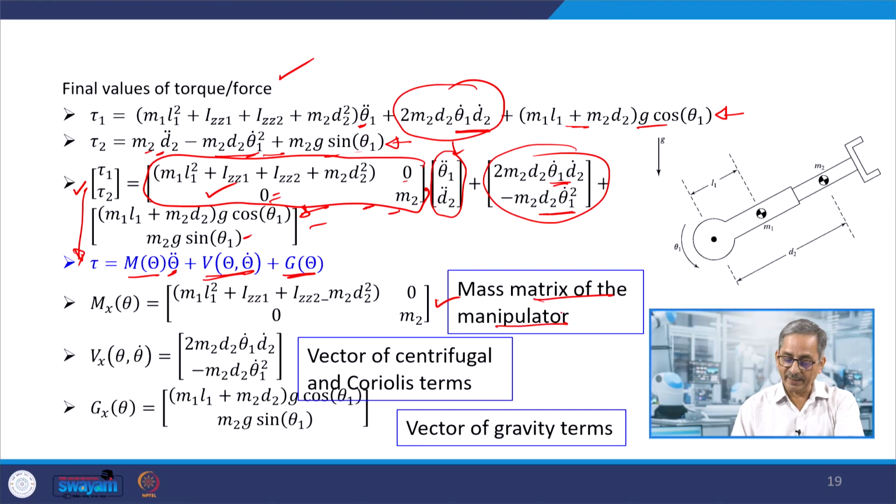I am going to talk about all these in more detail in my next lecture, where I will discuss the state space form of the manipulator dynamic equation. In fact, this is the state space form, because this representation involves both the theta and theta dot terms. This term is the mass matrix, this term is the vector of centrifugal and Coriolis terms, and the last term is the vector of the gravity terms.